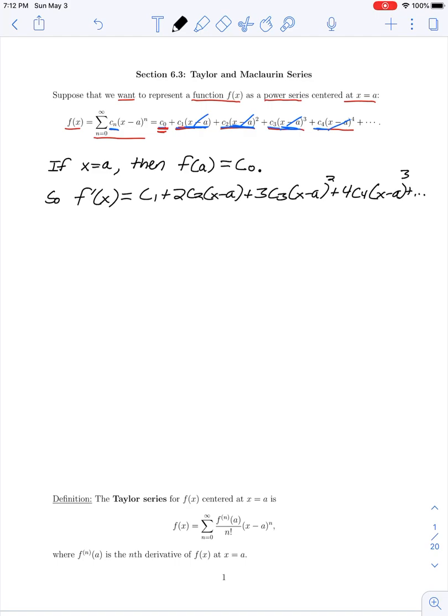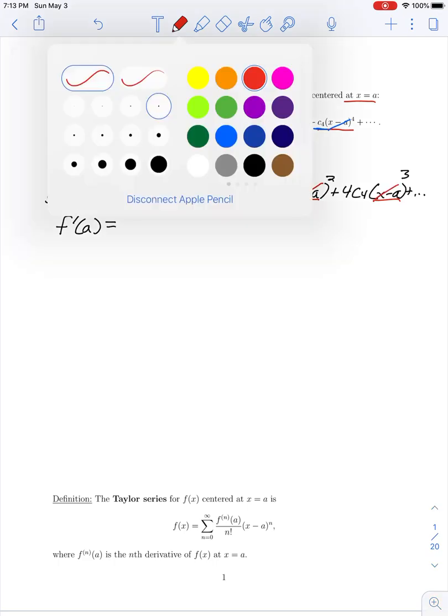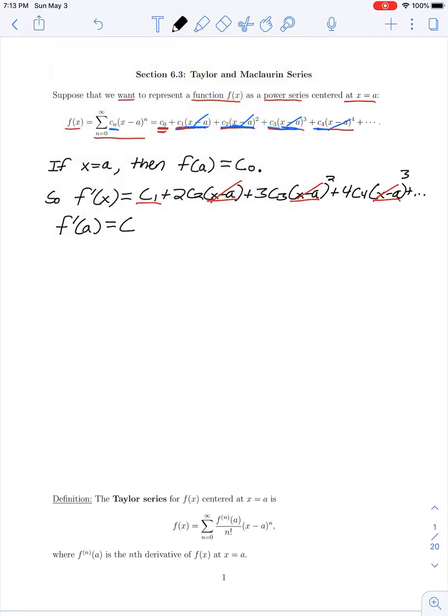That is, we differentiate the power series that we expanded term by term. We saw we can do that from our theorem in the previous section. So if we were to evaluate this derivative, f prime at x equals a, well, we have our initial constant, c1, and then all of the subsequent terms involve some power of x minus a. So when we plug in a in place of x, all of these terms become 0, and we're left with just the constant term c1.